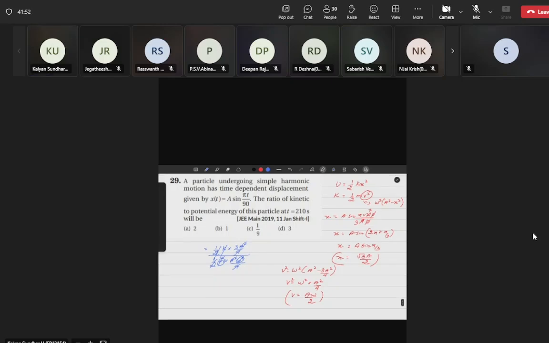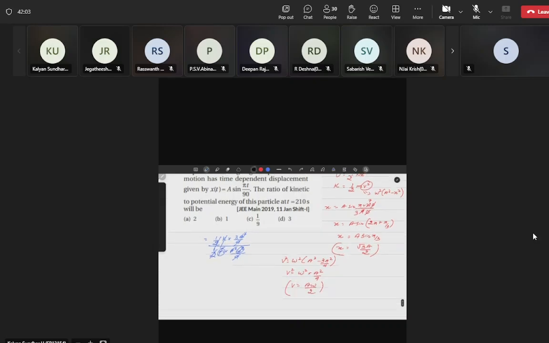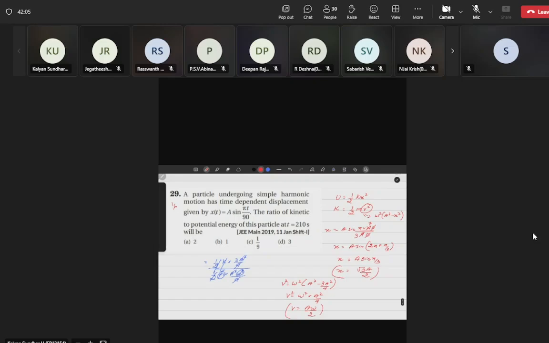So this answer is 1 by 3 only, sir. They have been asking for the kinetic to potential, so it will be 1/3 only. So I guess in that shift, this question has been dropped, or they would have been challenged for this question.